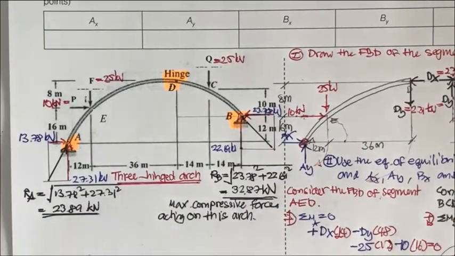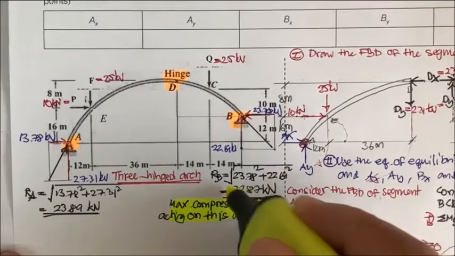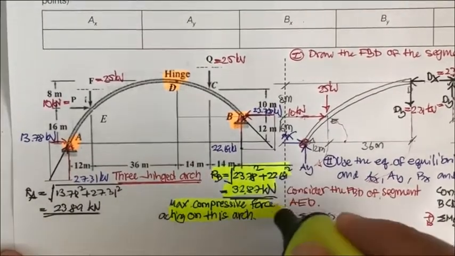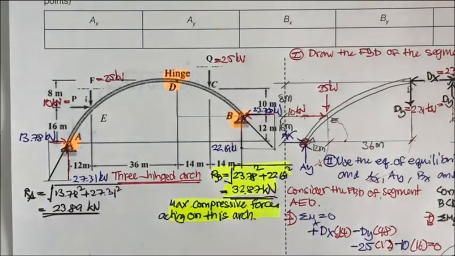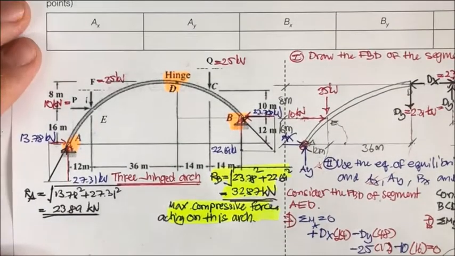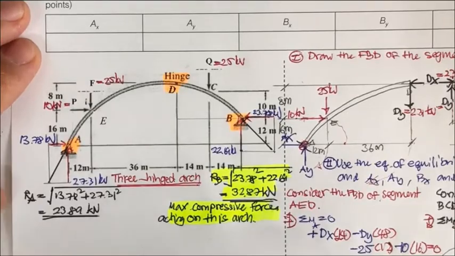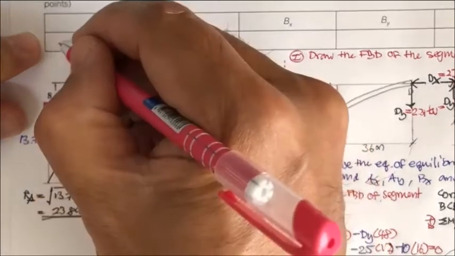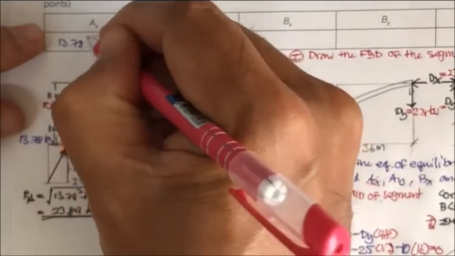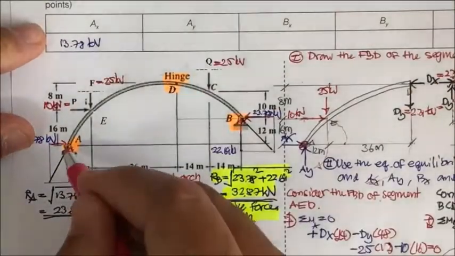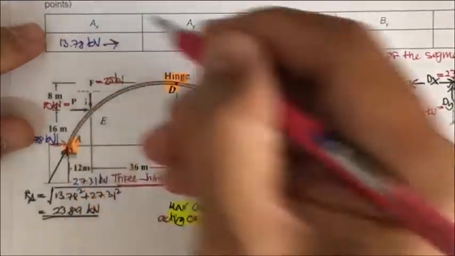So let me put the highlight on this. This is going to be the maximum force on this. Okay, and if you like, you may put A sub x is 13.78 kilonewton, direction to the right.